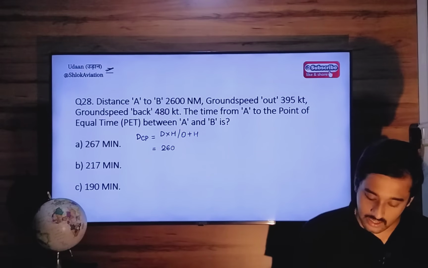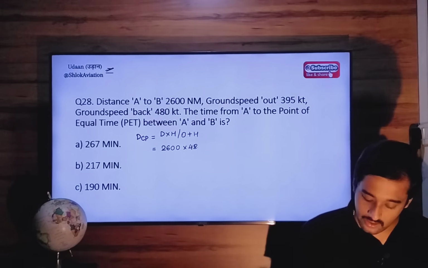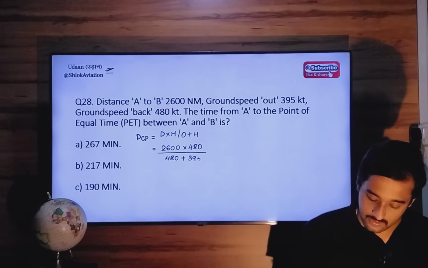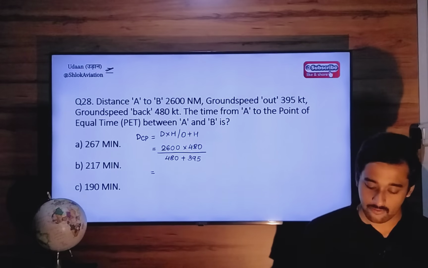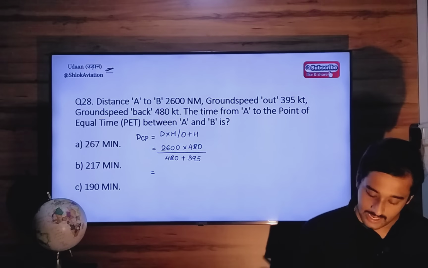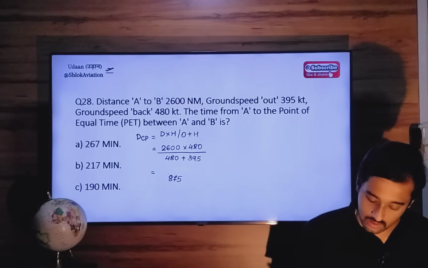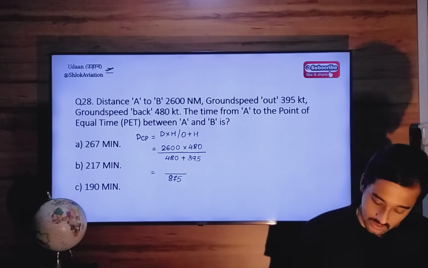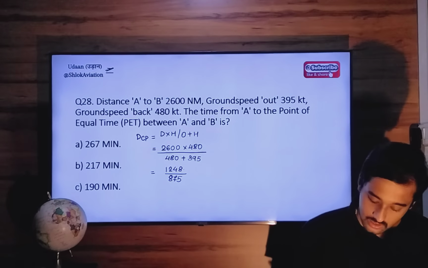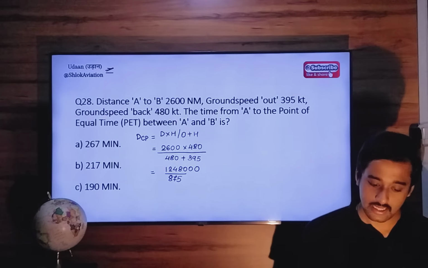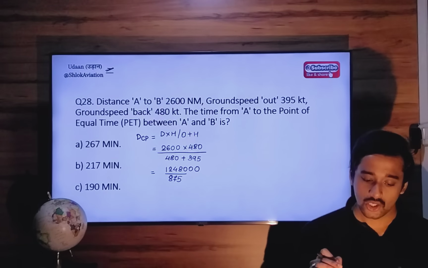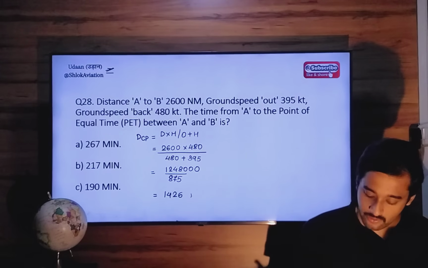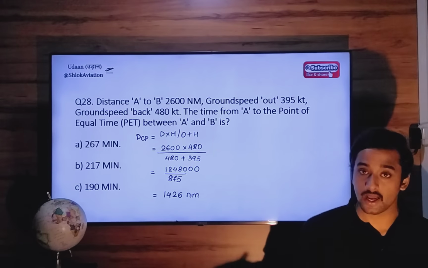So 2600 multiplied by 480 divided by 480 plus 395. 480 plus 395 is 875. 2600 multiplied by 480 is 1,248,000, divided by 875 is 1426 nautical miles. So distance to point of equal time is 1426 nautical miles.